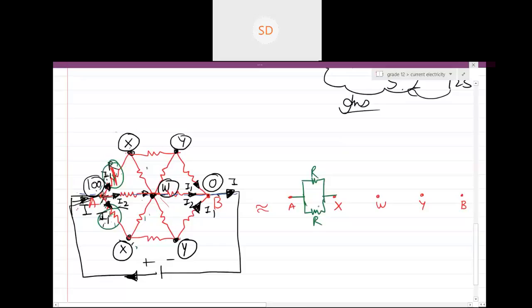So this is done. What about X and W? Can you see X and W? 1, 2. So 2 again. What about W and Y? 1, 2. What about Y and B? 1, 2.